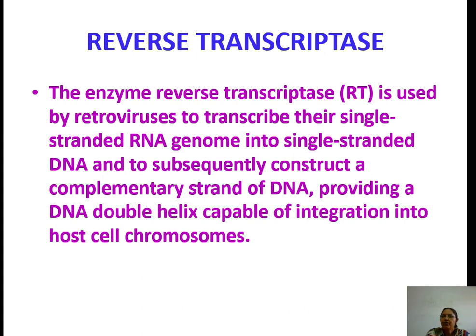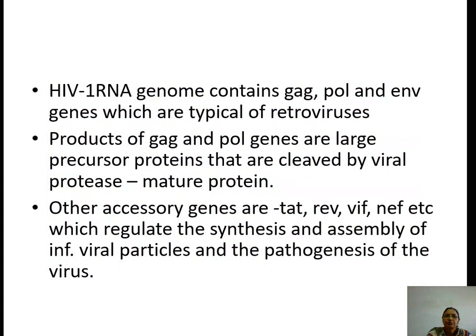A single copy of DNA is formed, and then a complementary strand of DNA is formed, and this double-stranded DNA integrates into the host cell chromosome and is retained there. After activation of the cell they divide, and then again they are transcribed into RNA, and active virions are formed. I will tell you the life cycle of the HIV virion.